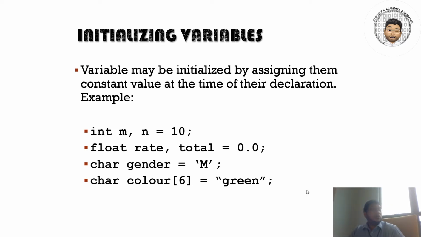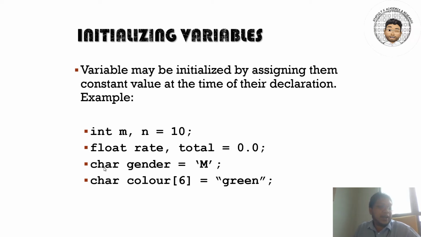So when we want to determine a real number, we use int, integer. For a floating number, we use float. Float rate total means rate is in percent, for example 10%. Float rate is equal to 0.1. Total is equal to 0.0, for example.